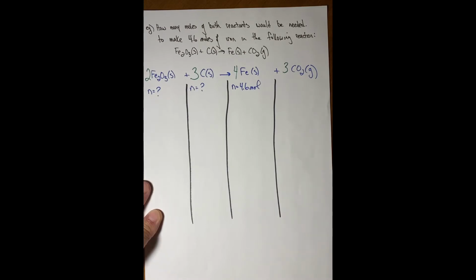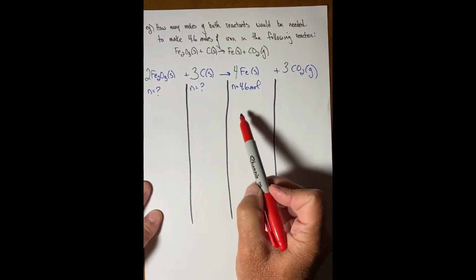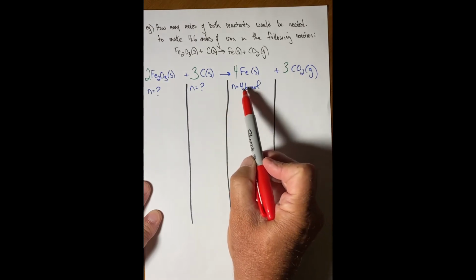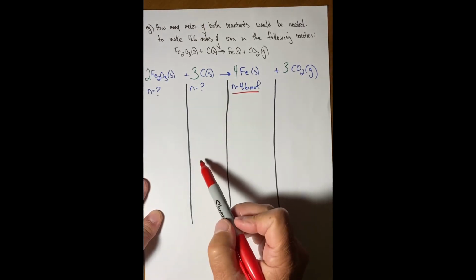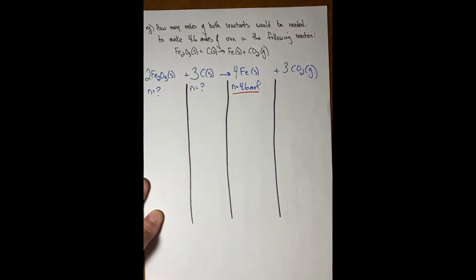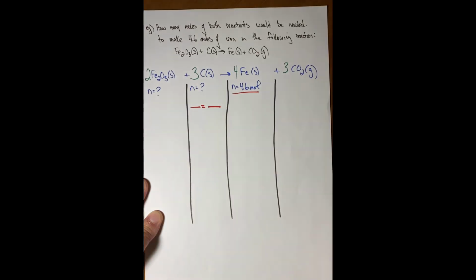All right. Now, whenever we go from column to column, we're only looking at going from 2 columns. So I'm going to go from this column to this column, and then I'm also going to go from this column to this one. I always go back to the original so that if I make a stupid math mistake in this column, I'm not carrying it over into this column. Whenever you're doing a multiple ratio, line equals line.